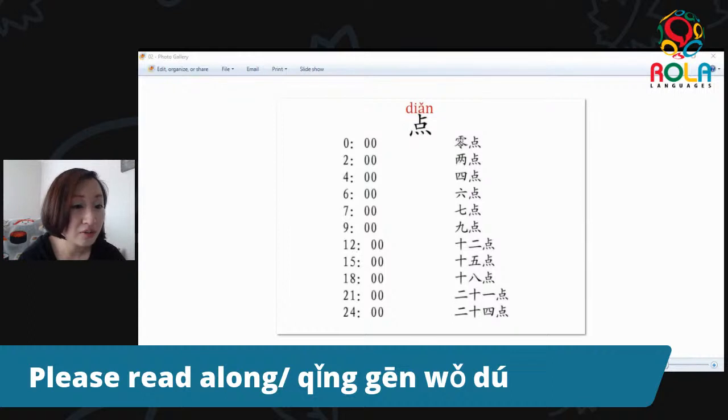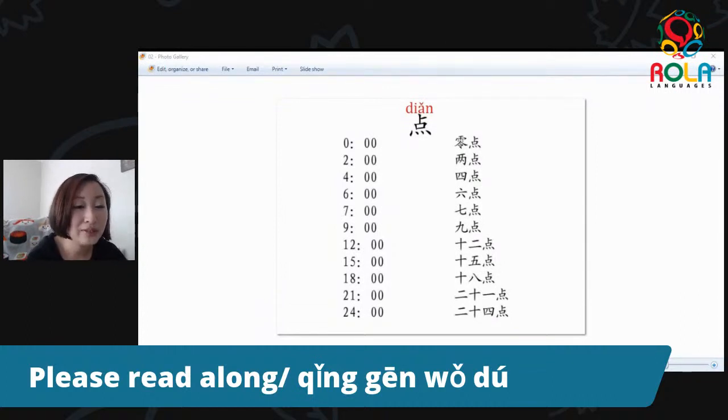In this case of time, we do it too. We say 两点 instead of 二点. There's nothing wrong with the other one, but in real life, people don't say that. So please remember that. 两点, 2 o'clock.